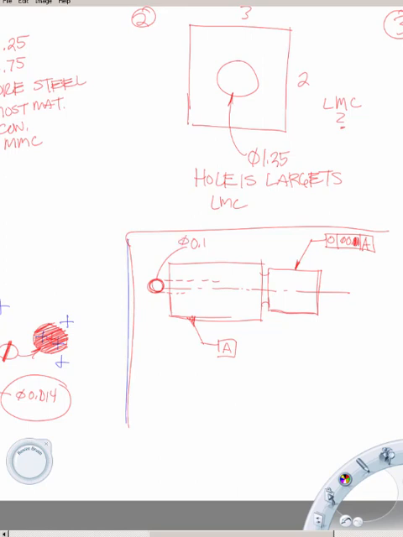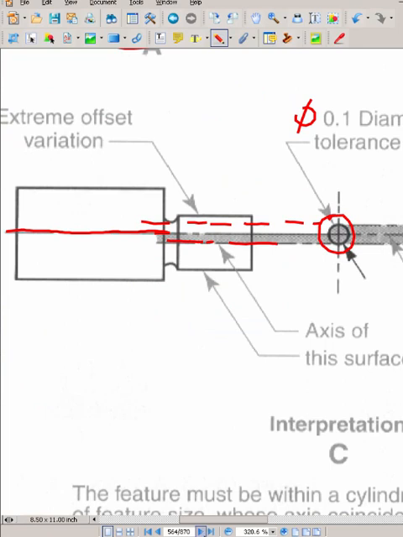I draw, let's make it blue here for us, a zone that is 0.1 diameter wide, and the tolerance says that the center line of this cylinder has to fall within this zone. Right now it's good. However, if it was out here, the center of that would be off. Let's take a look at this sketch here.